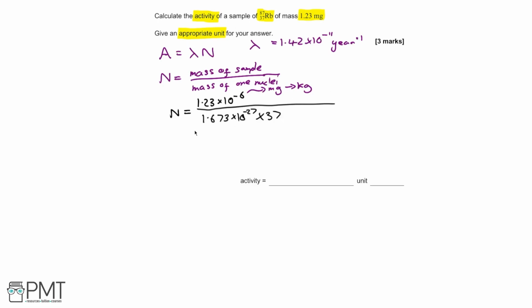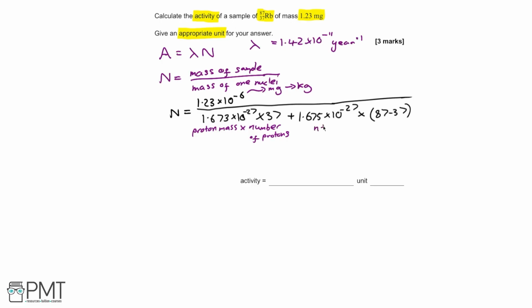So this is the proton mass, the number of protons, added to the neutron mass, 1.675 times 10 to the minus 27, which is also in kilograms, multiplied by the number of neutrons. So this is 87 minus 37, which is 50.